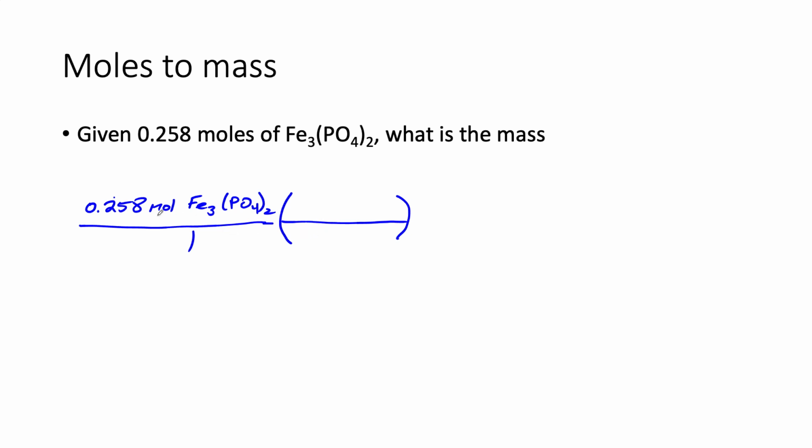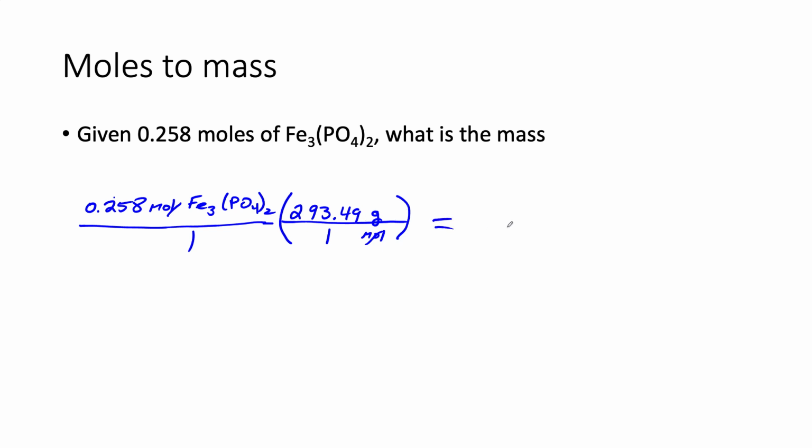So what we need to know is the molecular weight of iron phosphate. We need the grams on top and the moles on bottom. Why? We're going to get rid of the moles. And we know the molecular mass is going to be 293.49 grams. Realize that with these units, if I put this down as 1 mole, the mole and mole cancel, and I can carry everything else through.